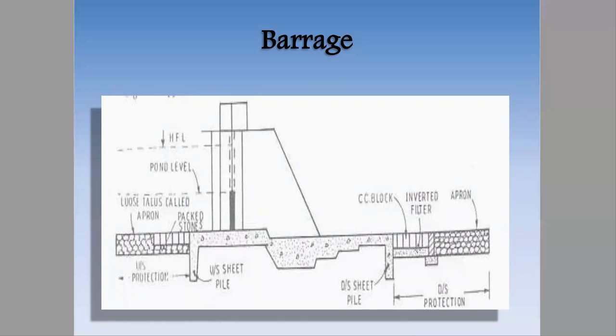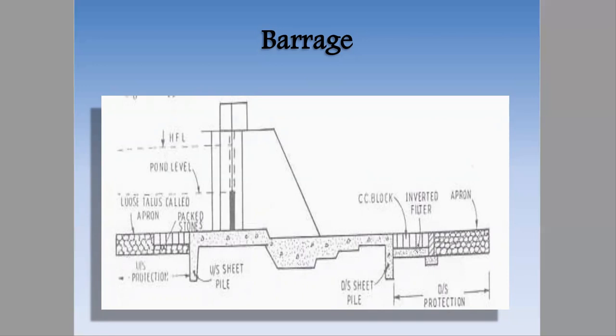Their function is to provide such a situation downstream that could avoid uplift pressure. So why do we need inverted filters? We need inverted filters so that they could reduce, or nullify, the effects of uplift pressure.